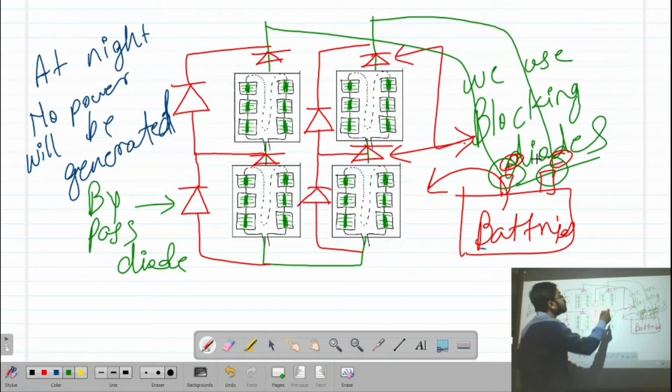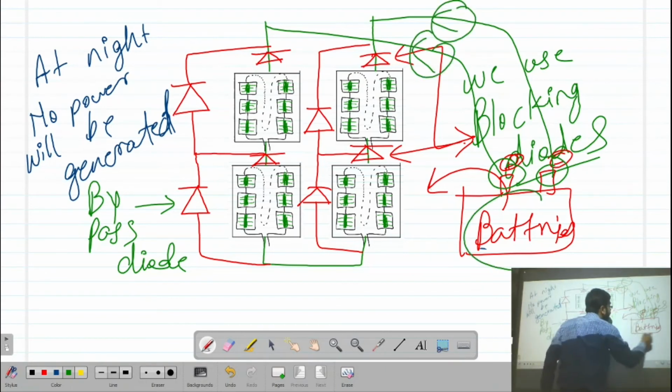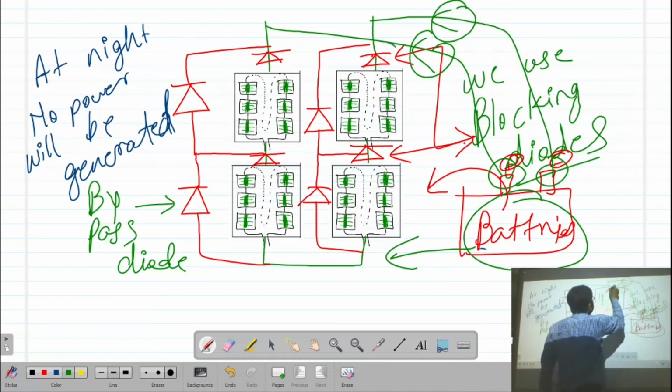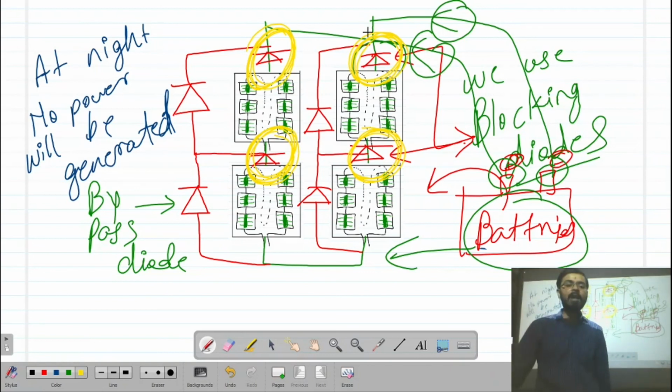So in order to stop the flow from battery to modules, we use blocking diodes. So this is all about the blocking diodes.